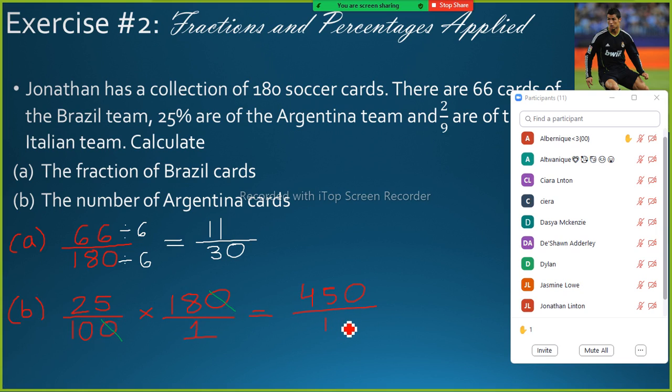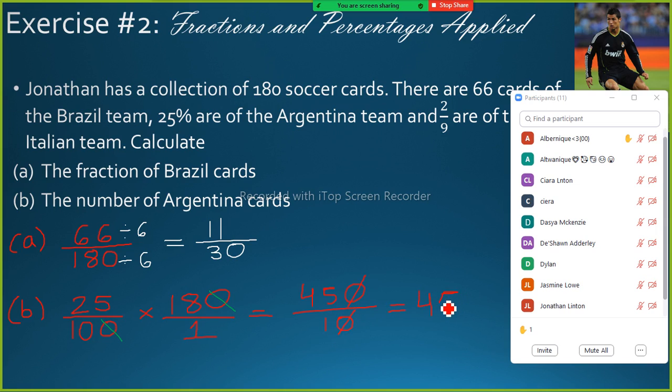And Deja, what do we do with 450 divided by 10? Cancel zeros. You just have 45. Okay, good. So we cancel out the zeros.